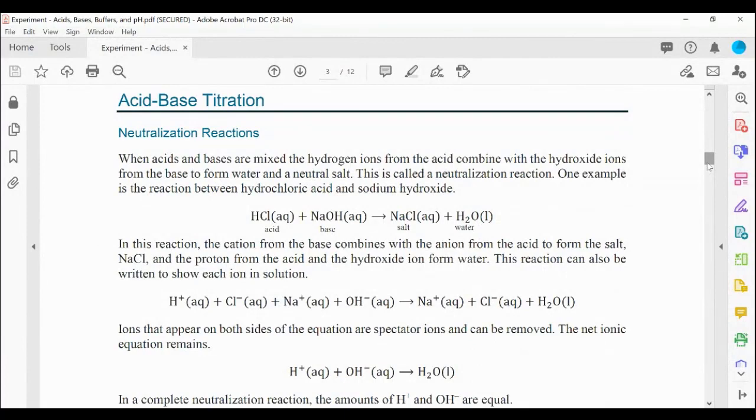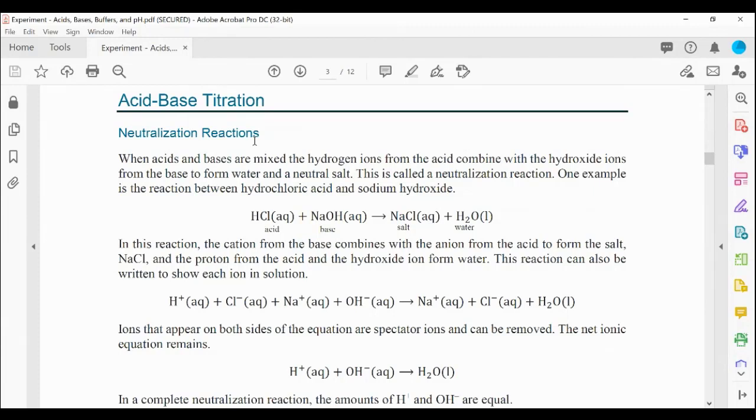acid-base titration. What is a neutralization reaction? Here it says neutralization reaction. What is a neutralization reaction? That's easy.